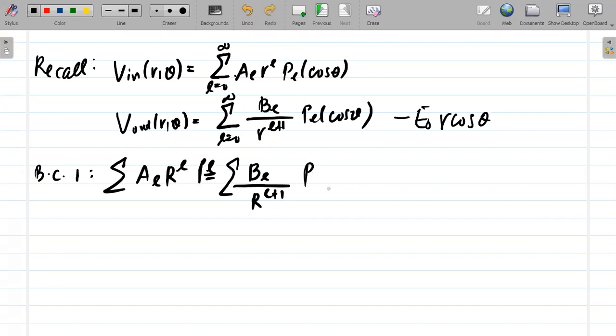Pero marami naman na kayo na-encounter na ganitong problem. So, shortcut na tayo. Minus E naught R. Ayan, that is for boundary condition 1.